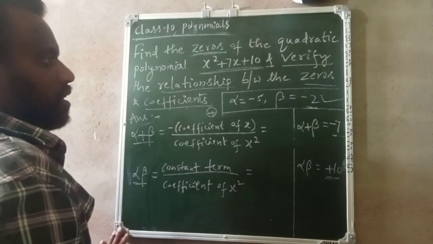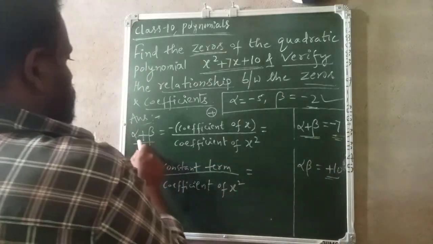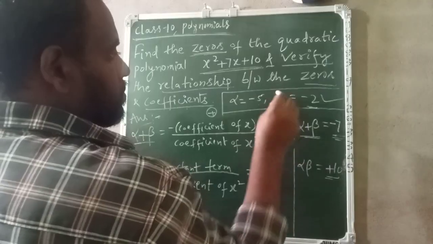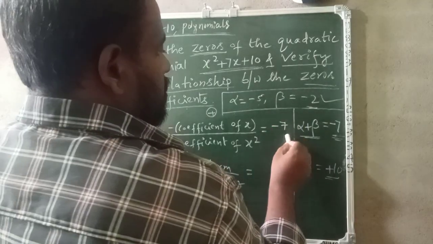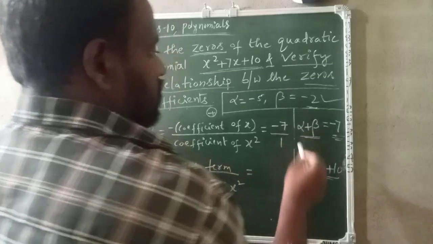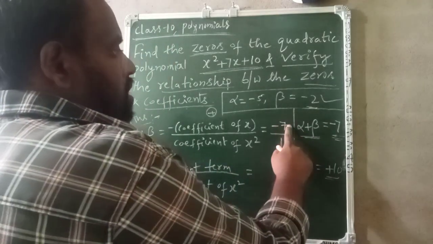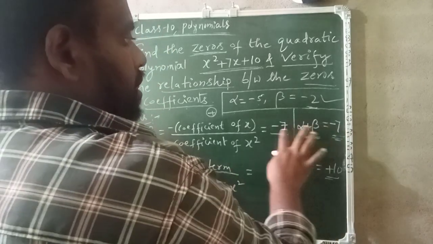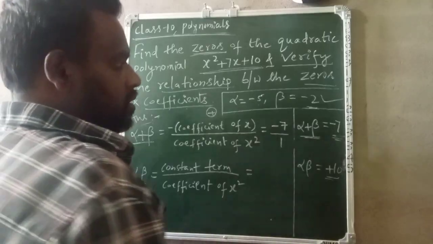So what I will do for that, see, alpha plus beta we got minus 7. So alpha plus beta is equal to, here I will write minus 7. See, minus 7 can be written as minus 7 by 1. There is no wrong, because if we divide this minus 7 by 1, you get minus 7 only. Next, come here.